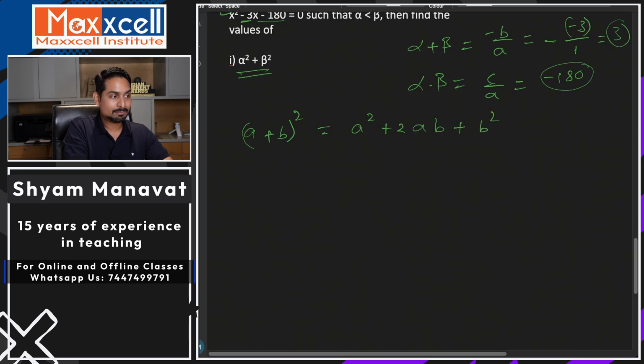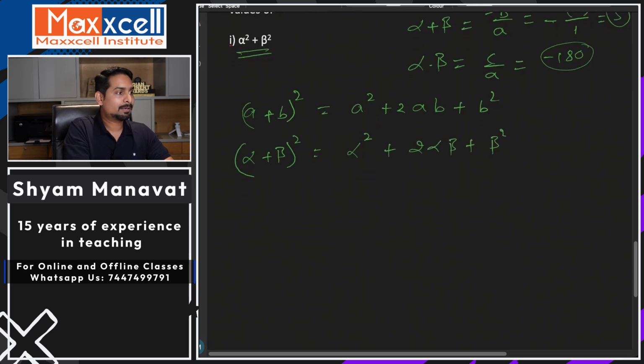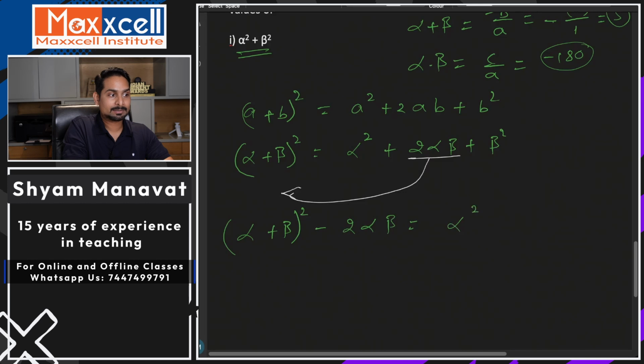So if I write in terms of alpha and beta, alpha plus beta whole square is nothing but alpha square plus 2 alpha beta plus beta square, isn't it? Now if I take this plus 2 alpha beta to the other side, alpha plus beta whole square minus 2 alpha into beta will get me alpha square plus beta square.